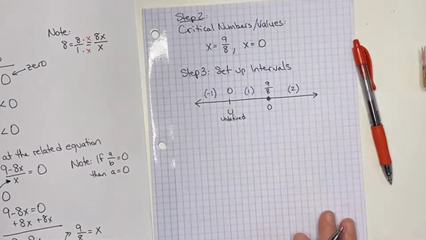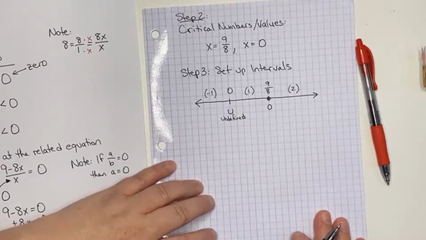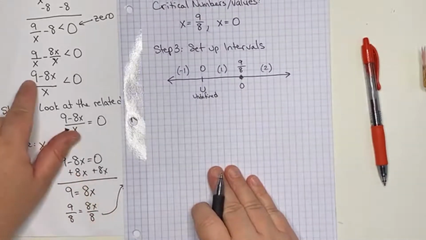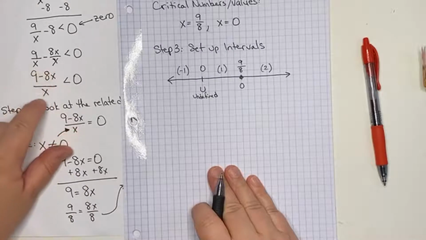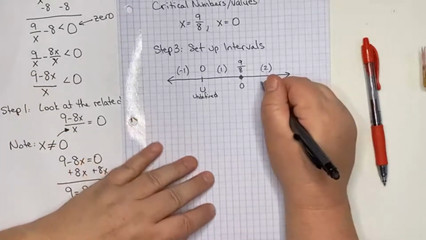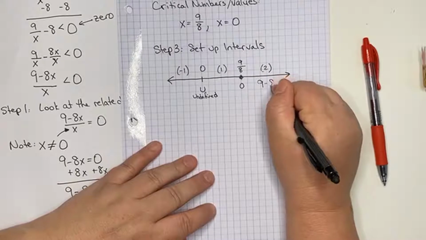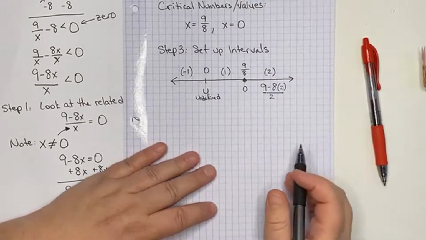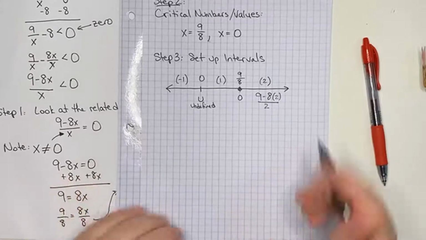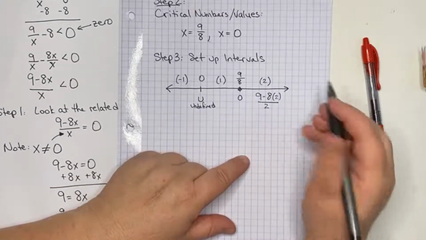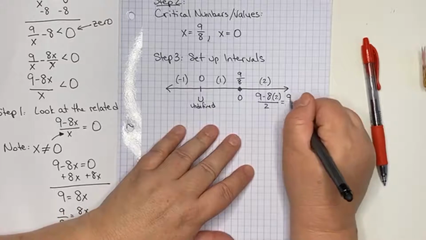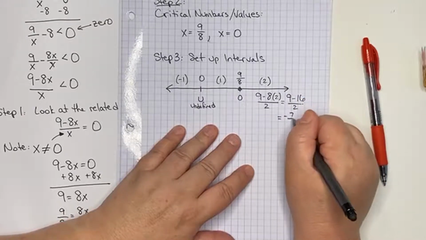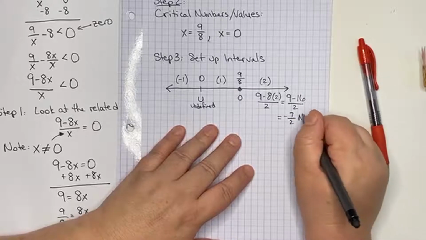Now, the expression that we're looking for is 9 minus 8x over x. So 9 minus 8 times 2, all over 2. That is 9 minus 16 over 2, which is -7/2, which is negative.